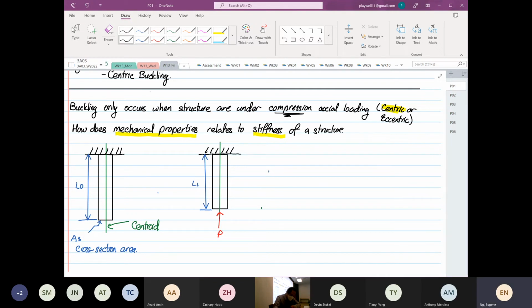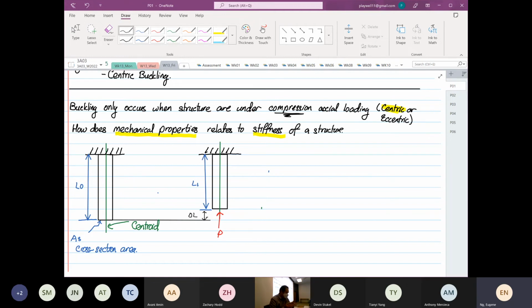And we are aware that the distance from the original to L1 over here, this is our change in length. Okay. So as I say, we are on a topic of buckling. Why do I do compression? Because buckling will only occur in compression.